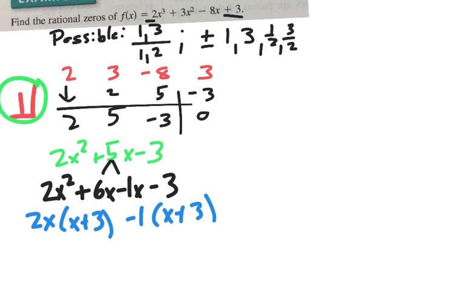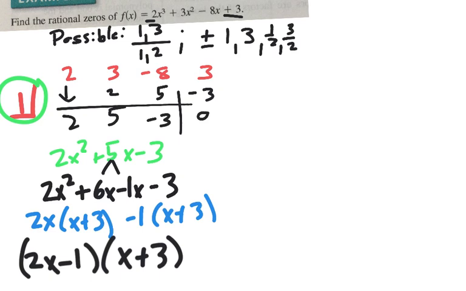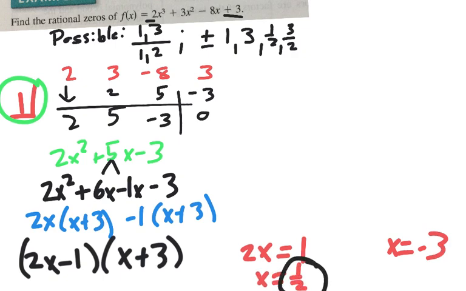It's good news. So now I've got 2x minus 1 times x plus 3. So I'm looking at 2x equals 1 and x equals negative 3. This will give me x equals 1/2. So my rational roots are at 1/2, negative 3, and 1.